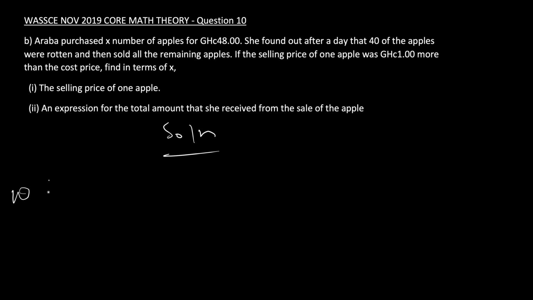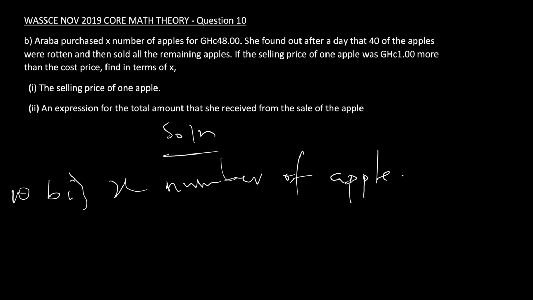So 10b(i). We are asked to find the selling price of one apple. Araba bought x number of apples, but then she found out later that 40 of the apples were rotten, and she sold the remaining apples.